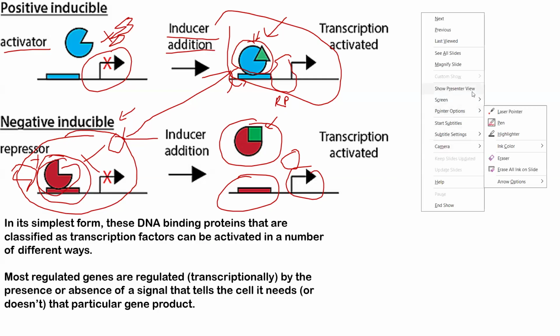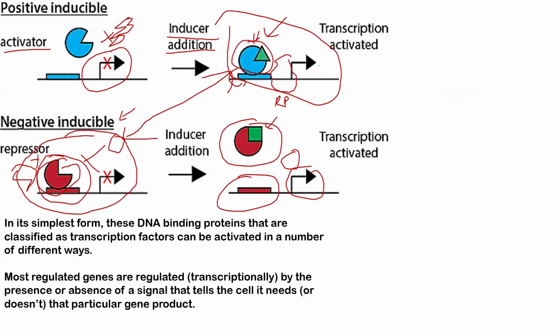Just so we're keeping these nice and simple, let's change the color here. So yes, this would be an example of positive repression, and then negative repression would be the exact opposite.